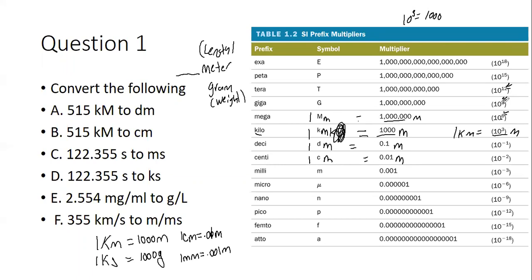It's just, if it's a positive number, how many zeros come after my number? If it's a negative number, it's the opposite. You're going backwards. Unfortunately, it's not as easy as for -2, how many zeros are between my decimal and my 1.